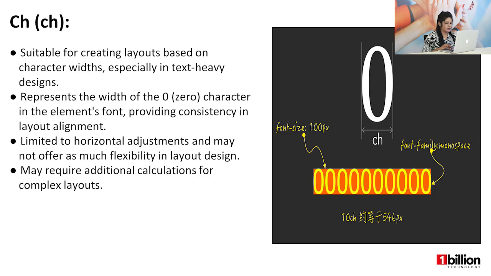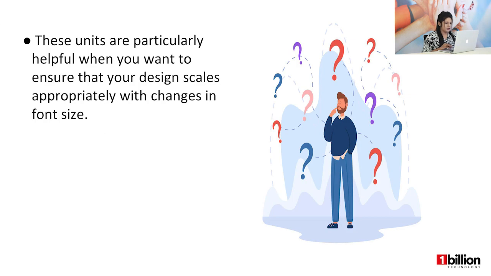For example, if the font size is 16 pixels and the width of the zero glyph is 10 pixels, then 1CH would be equal to 10 pixels. These units are particularly helpful when you want to ensure that your design scales appropriately with changes in the font size.